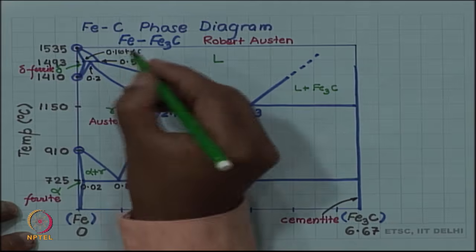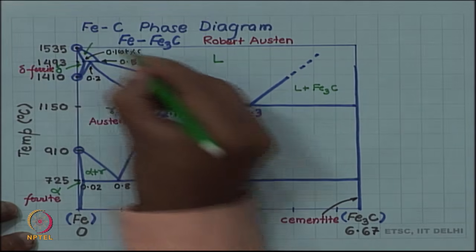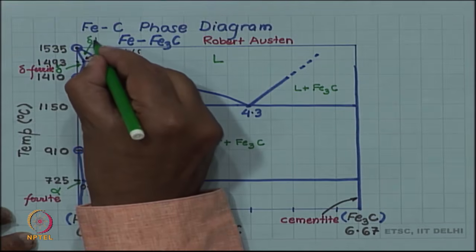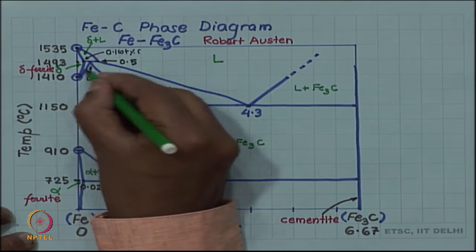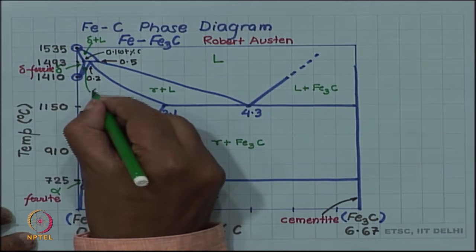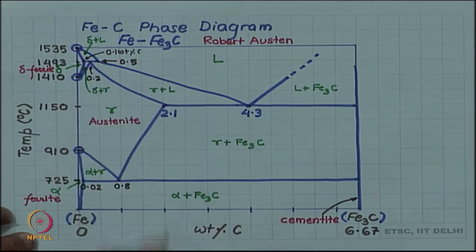The two phase regions here also can be labeled, the space is not there. This is between delta and liquid, so this is delta plus liquid, and this one is delta plus gamma.